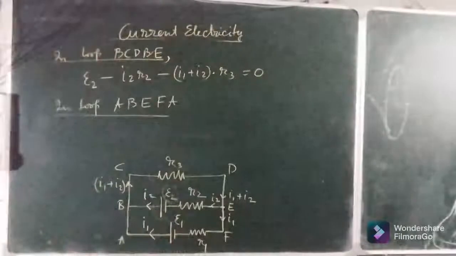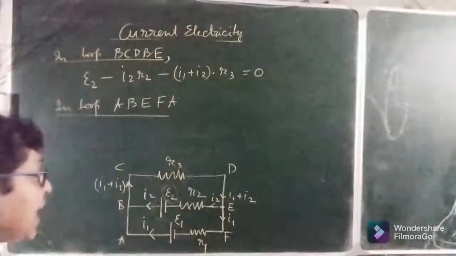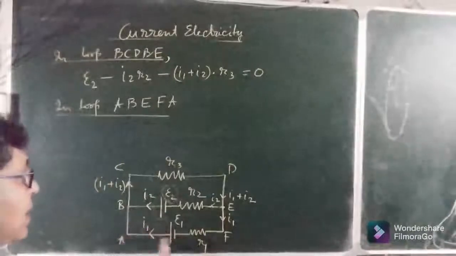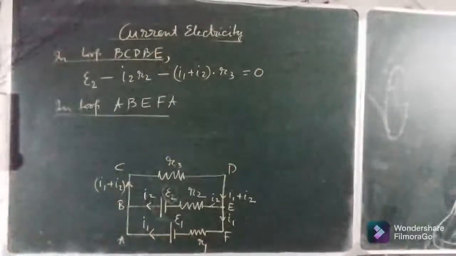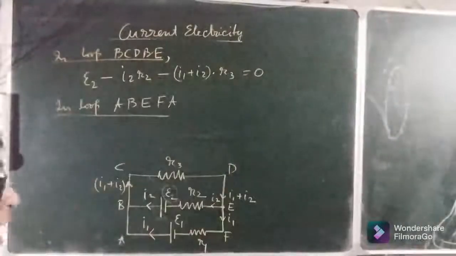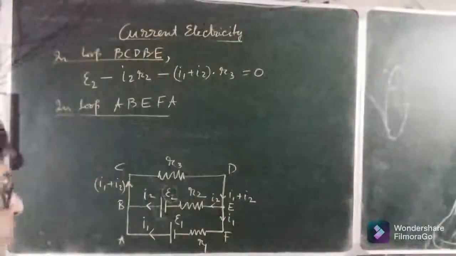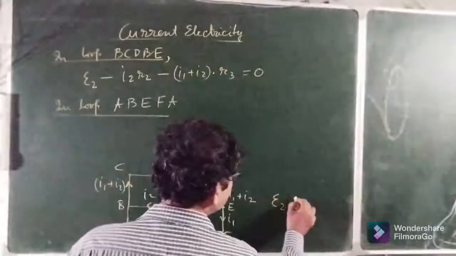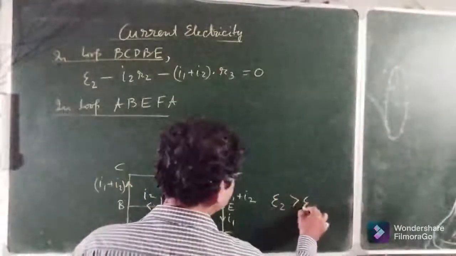Now when you see that there are two or more EMFs in a closed loop, you have to understand which one is greater. Suppose in this case, let's take E2 is greater than E1.